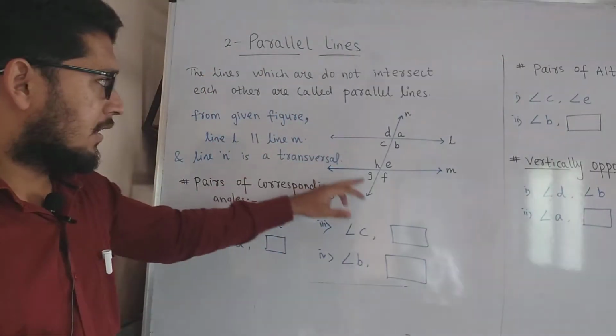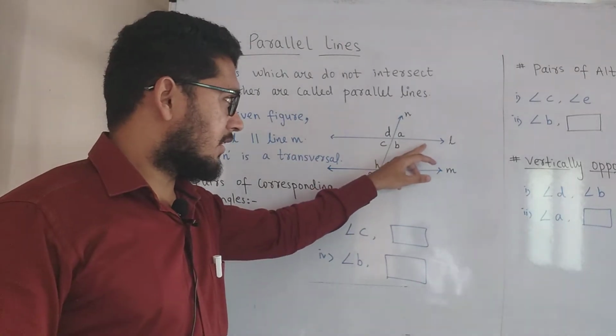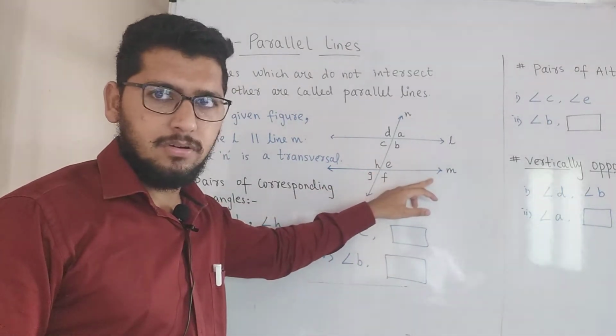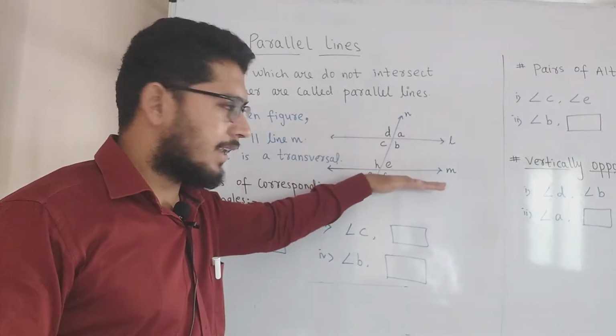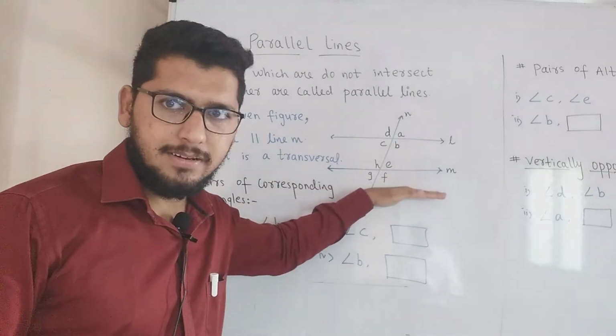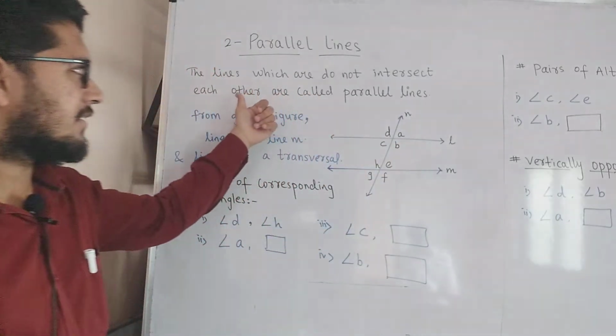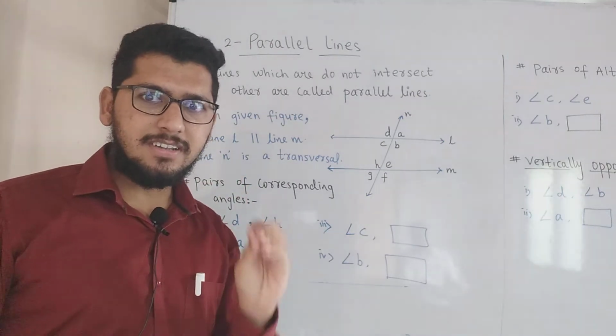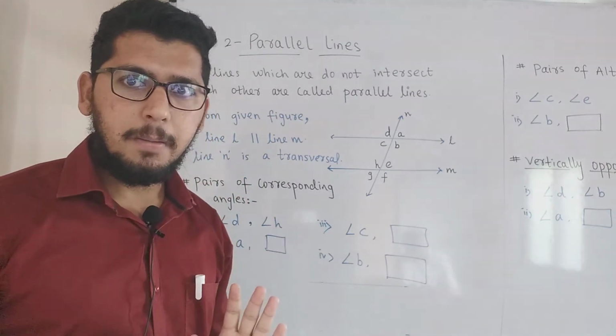Here you can see I have drawn the figure, line L and line M. These two lines are parallel. Line L and line M are not intersecting each other, so these lines are parallel, as I said in the definition: the lines which do not intersect each other are said to be parallel lines.